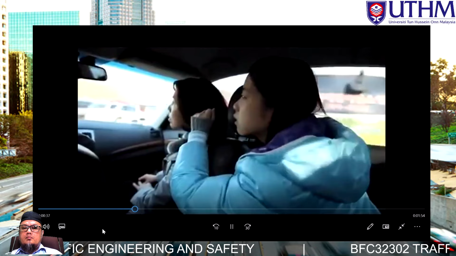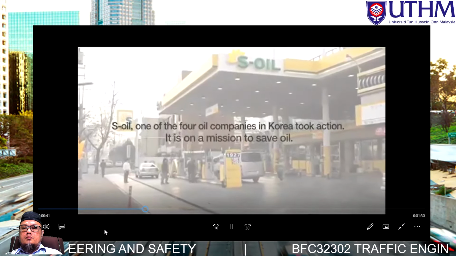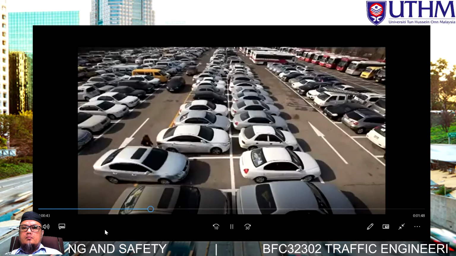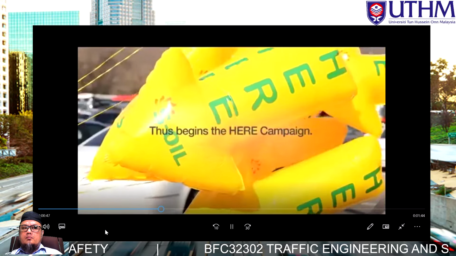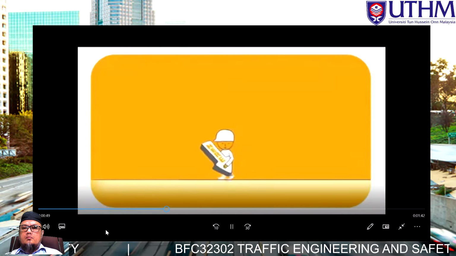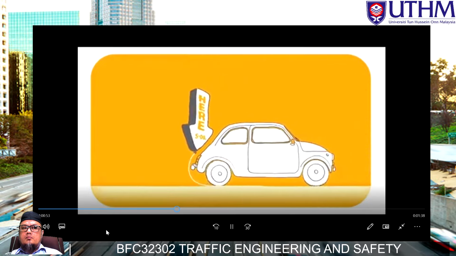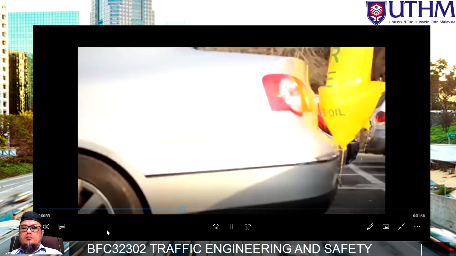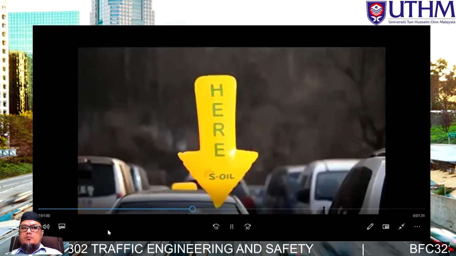S-Oil, one of the 4 oil companies in Korea, took action. It is on a mission to save oil. Right here, right now. Thus begins the HERE campaign. It has set up a HERE balloon for each parking space. As a car parks in it, the balloon falls. When the car exits, the balloon rises.